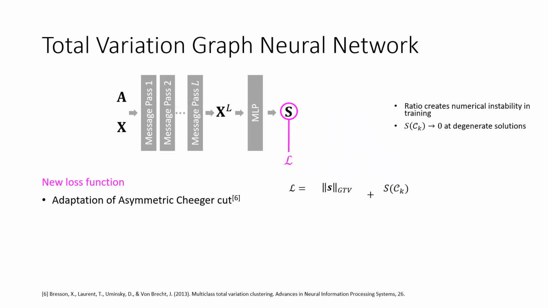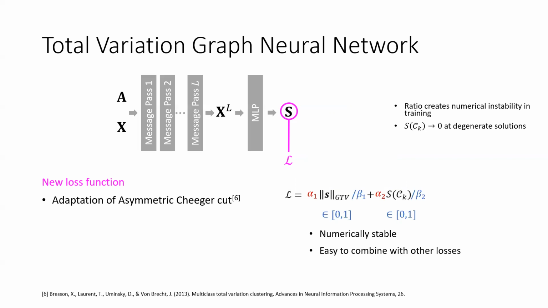To address this issue, we take a linear combination of the two terms rather than the ratio. Then we introduce normalization coefficients to ensure that both terms take value within the interval [0, 1]. And finally, we add a weighting coefficient to control the contribution of each one of the two terms.